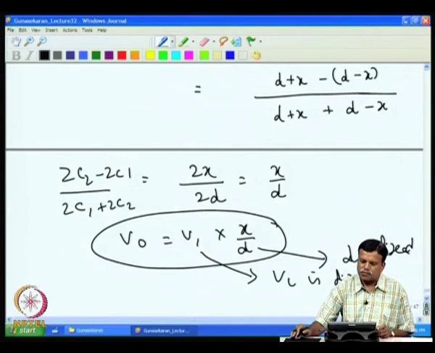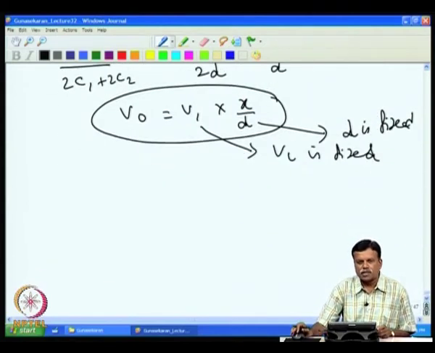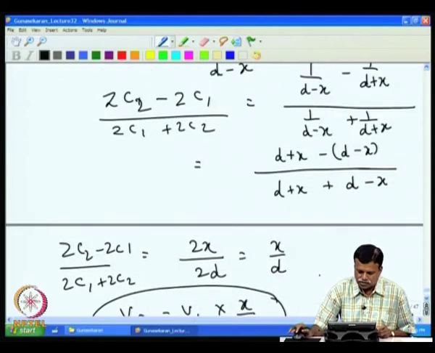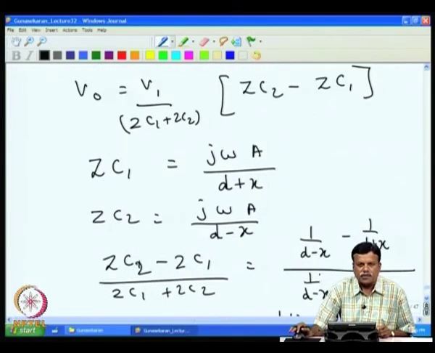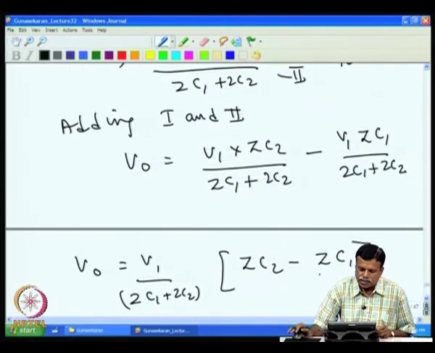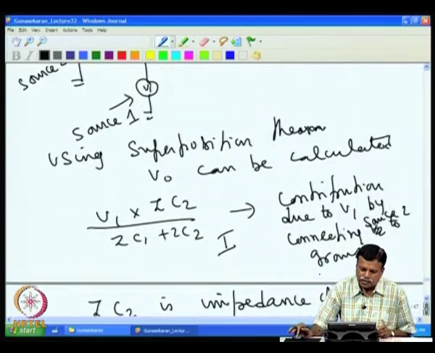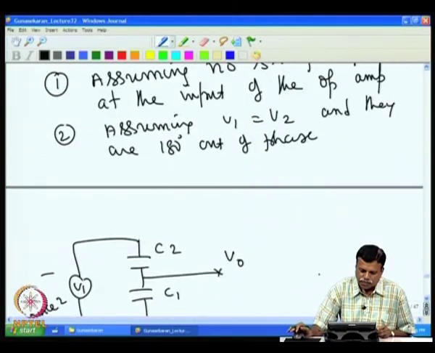So, V0 is proportional to x. So, it is linear. So, even though this amplifier is not good in terms of stray capacitance effect, it is good because it is linear. That is the reason that this amplifier is also popular.